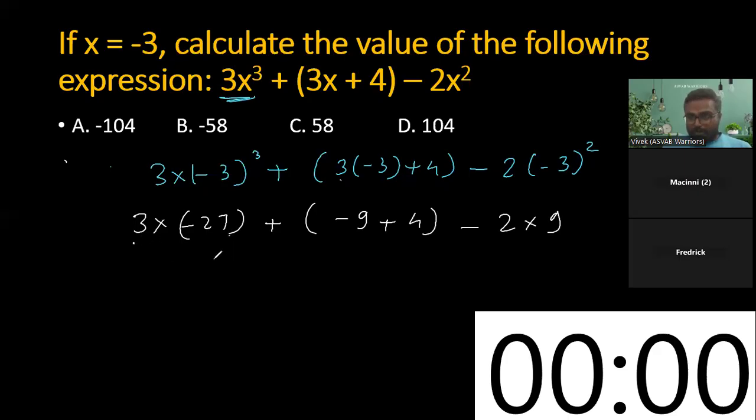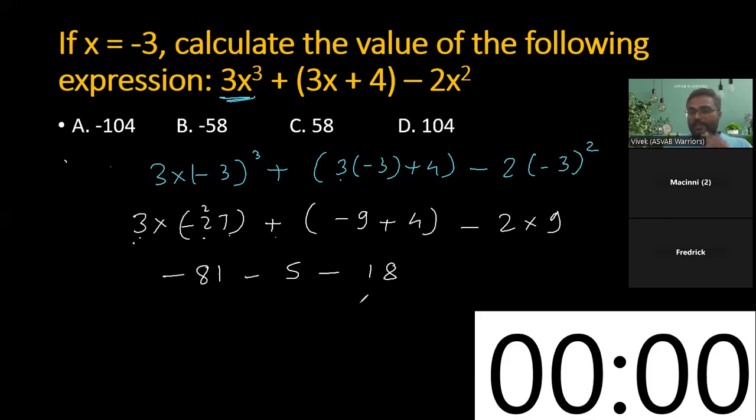So here 3 times 7 is 21. Carry the 2 over. 3 times 2 is 6 plus 2, 8. So -81. Now plus -9 plus 4 is nothing but -5. Minus, we'll have this as equal to 18.